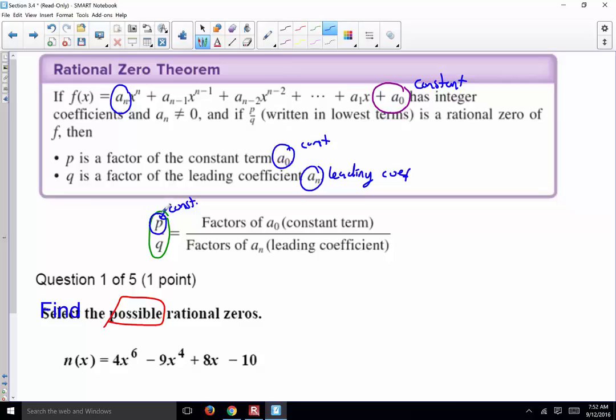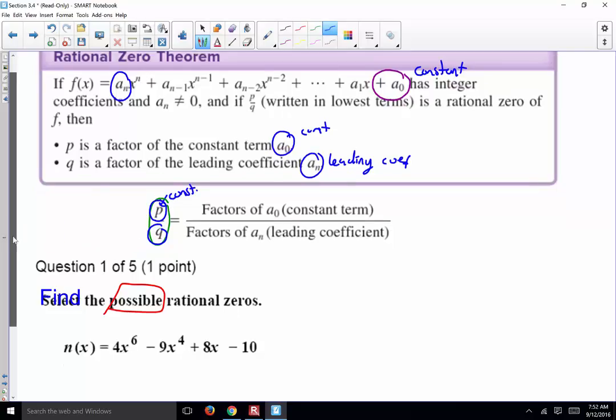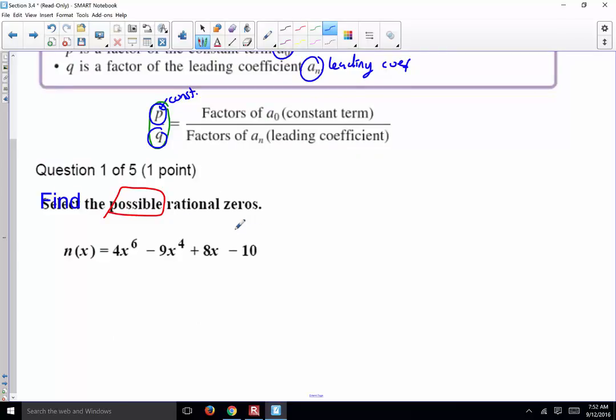You take a factor of the last number and a factor of the leading coefficient, and you divide them. This way you get many options, because there may be several factors of the last number and several factors of the leading coefficient. It will make better sense if we show it on an example.